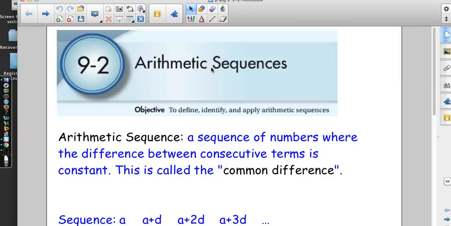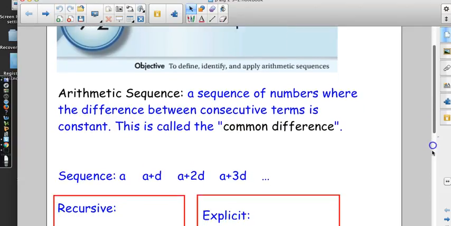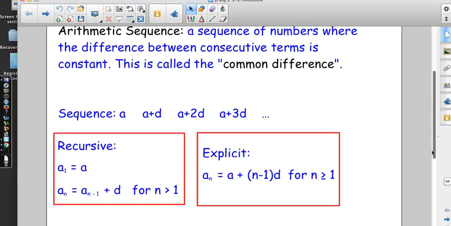Now, why would it be called the common difference if we're always adding the same thing every time? Because to find it, we do a little subtraction in our head. And that's why it's called the common difference. So our sequence is going to look like this. We're going to start with some number A, and for us this will always be a sub 1.